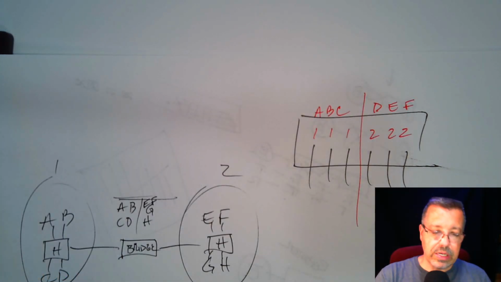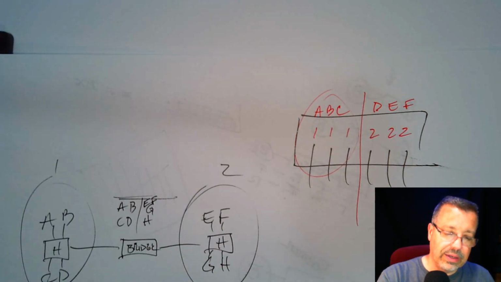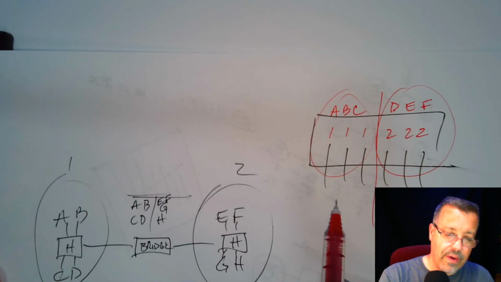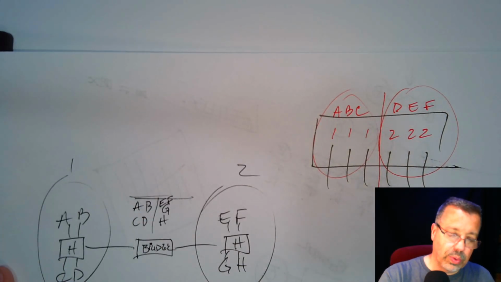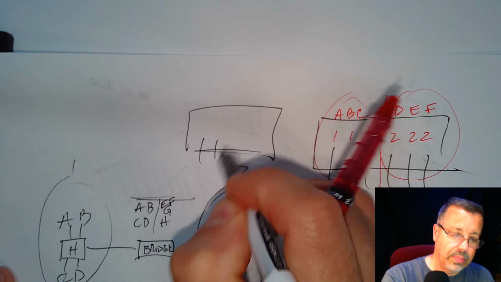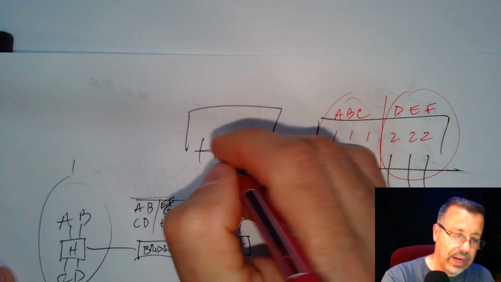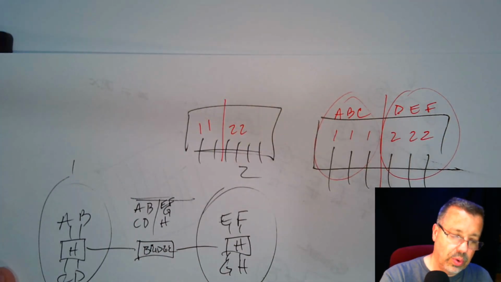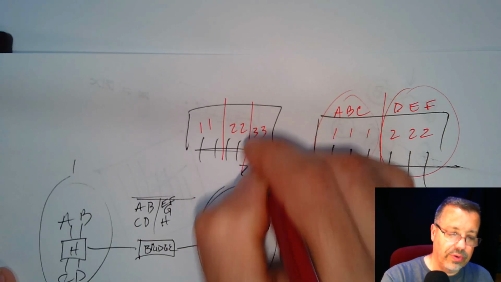This could be devices in one building and devices in a different building, or I could have another switch over here with 6 ports, where these 2 could be in 1 and these could be in 2, and then I could have a third VLAN there.